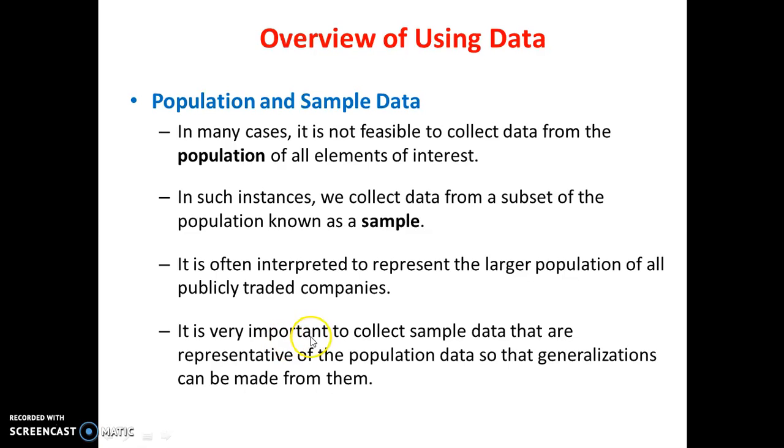It is very important to collect sample data that are representative of the population data so that generalizations can be made from them. Here we have collected sample data which is taken from a subset of the population. So this sample data can act as representative data for this population data. So that is given over here.